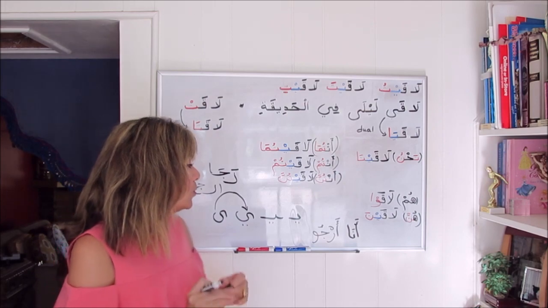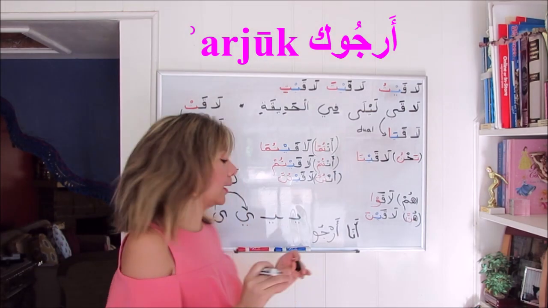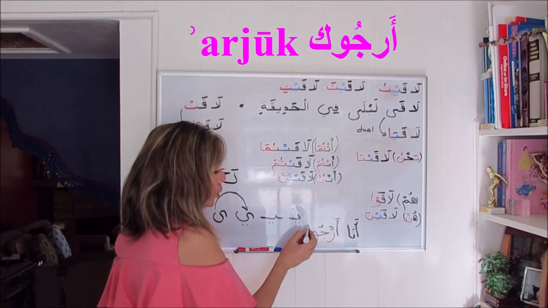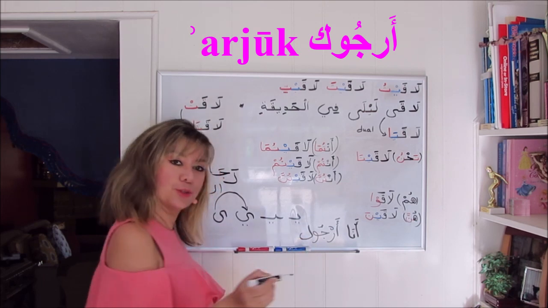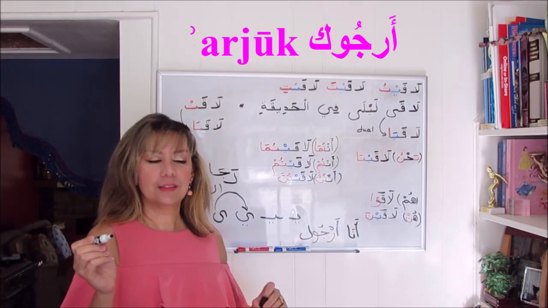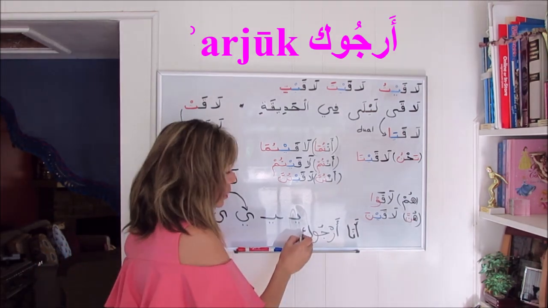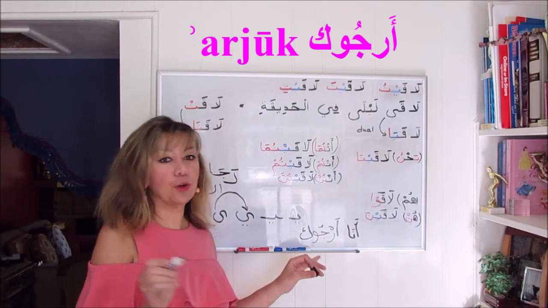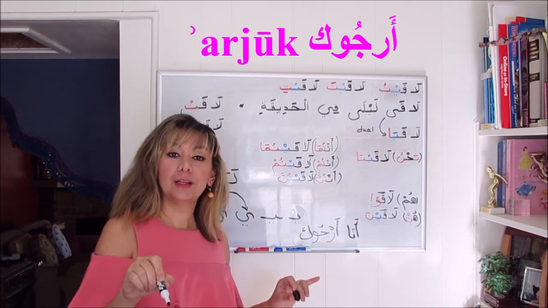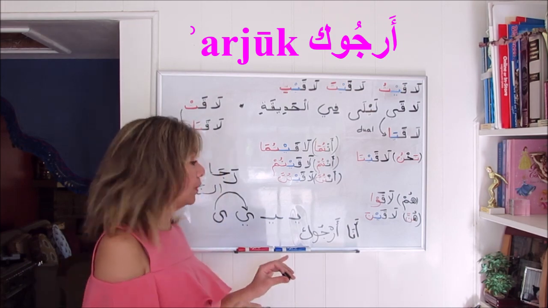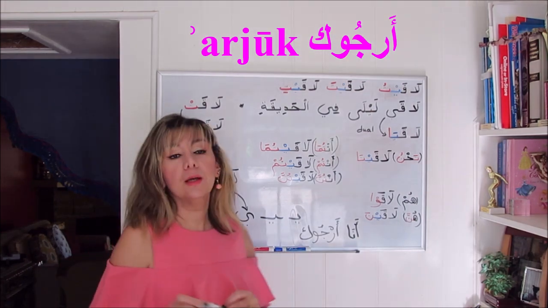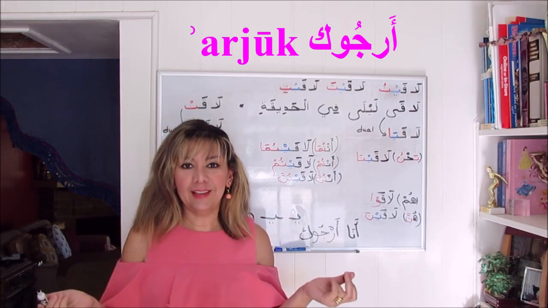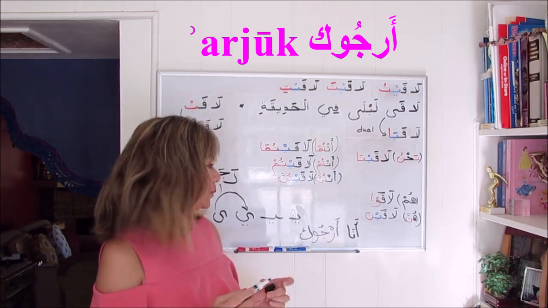Alright? When you say arjuka, if we add the object pronoun referring to the second person singular, arjuka, ka or ki, or you don't have to vocalize that, it would work for both second person singular masculine and feminine. Ana arjuk means please, please.